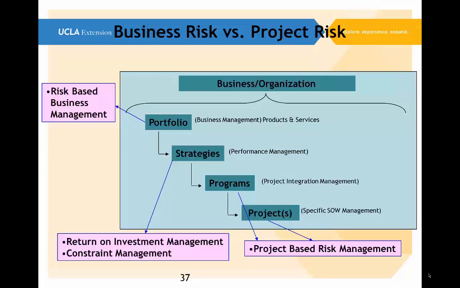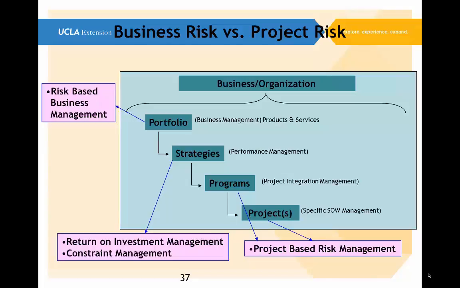It's on our company. And some of the strategies about how we're going to do performance and measure performance, return on investment, constraint management. What do we do if we can't get enough supplies to make so many airplanes, or so many weapons or print books or whatever? The portfolio level, strategies level, and business organization are all business-based type risks.